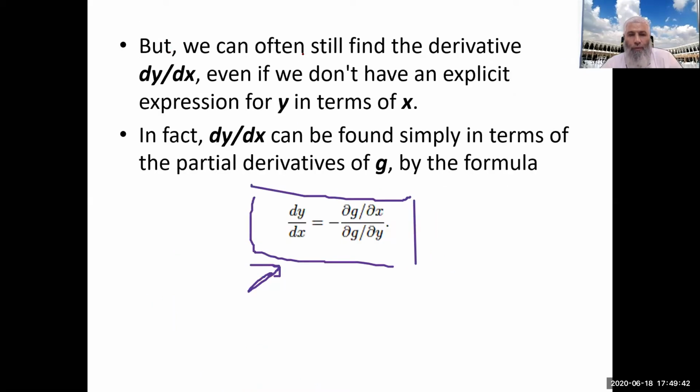But we can often still find the derivative dy/dx, even if we don't have an explicit expression for y in terms of x. In fact, dy/dx can be found simply in terms of the partial derivatives of g by the formula.